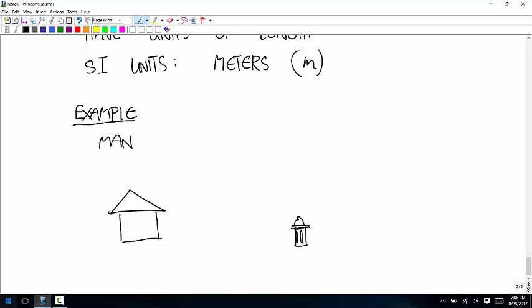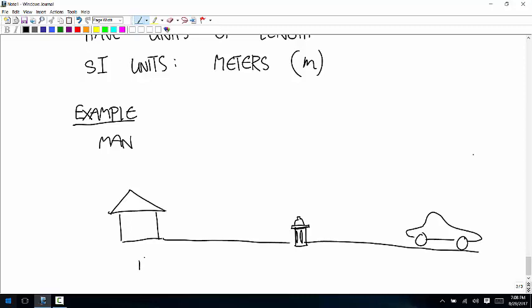That's going to come into it somehow. And then there is his car here. And let's say that between the house and the fire hydrant, that's 15 meters. And between the fire hydrant and the car, that's 10 meters.